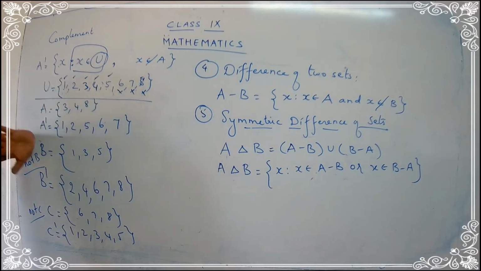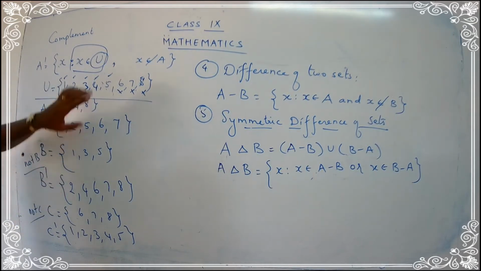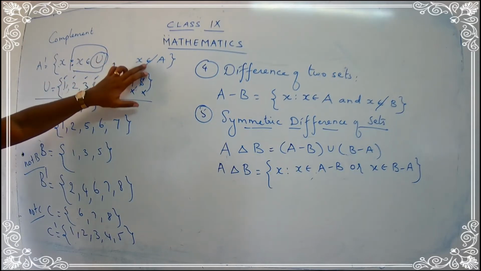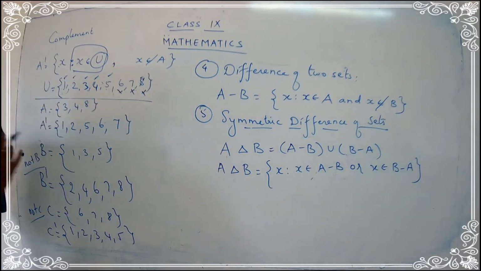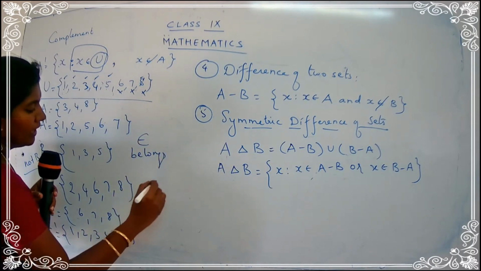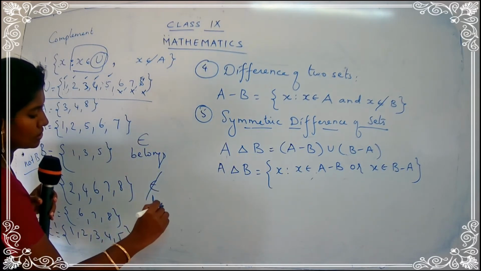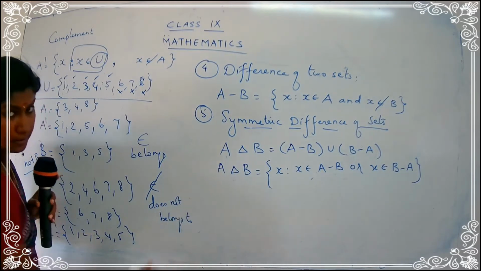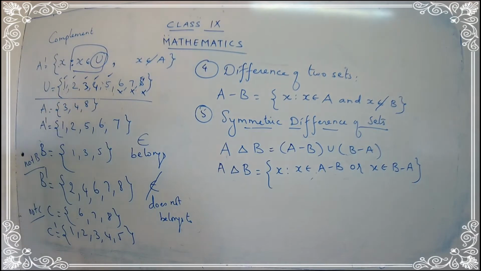But one condition, you are not going to write the value for A, that is, the member of A is not taken. X does not belong to A. You remember this symbol, yes, children? This is belongs to, and this is does not belong to. Clear? Good. So this was about the complement.